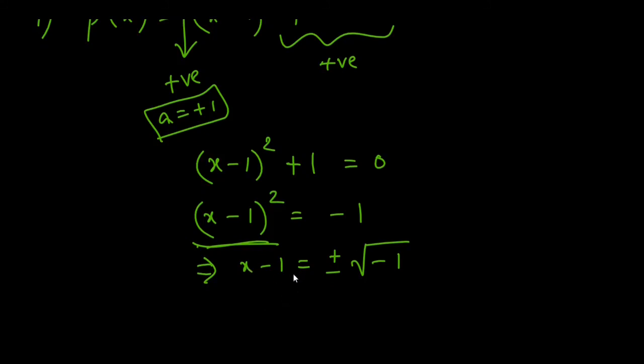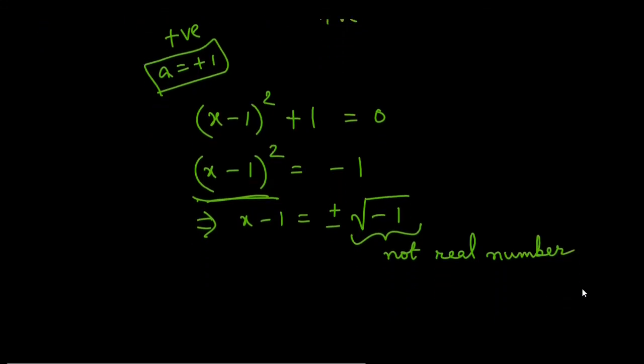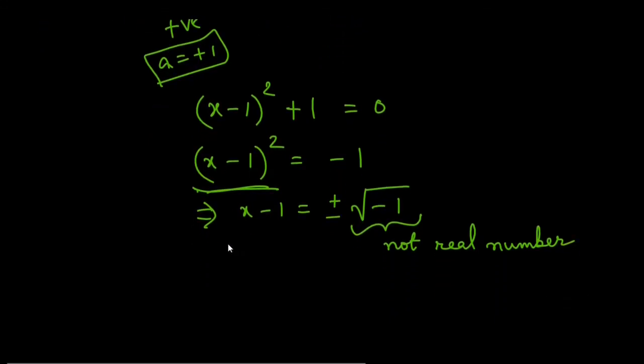So x minus 1 is equal to square root of minus 1. But square root of minus 1 is not a real number. So this polynomial has no zeros.